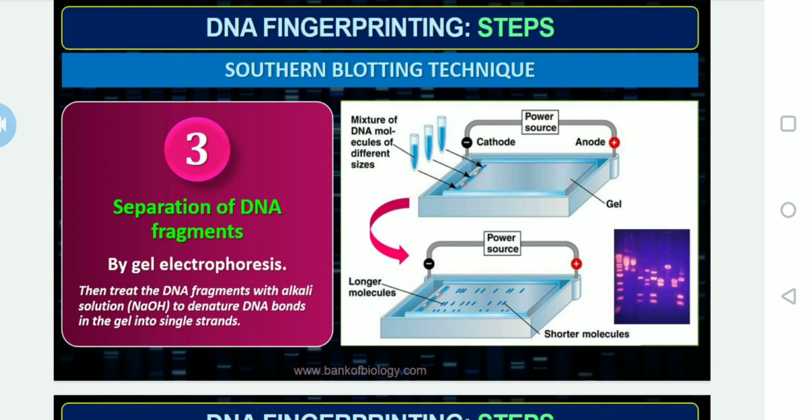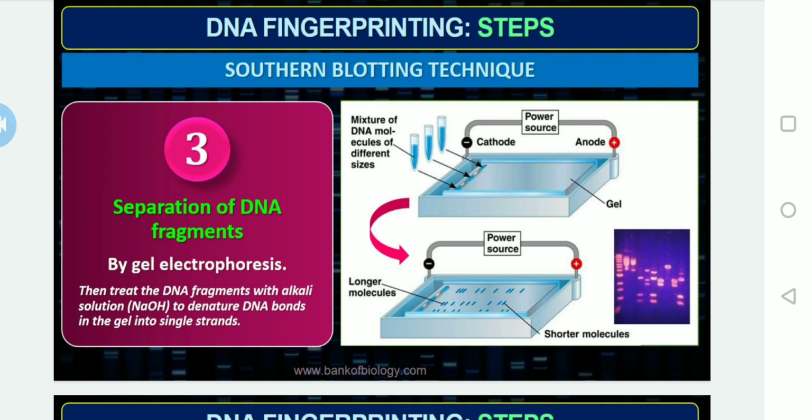These DNA fragments are treated with alkaline solution to dissolve the hydrogen bonds present between the base pairs, to produce single stranded DNA. So after dissolving of hydrogen bonds, the double stranded DNA gets converted into single stranded DNA.